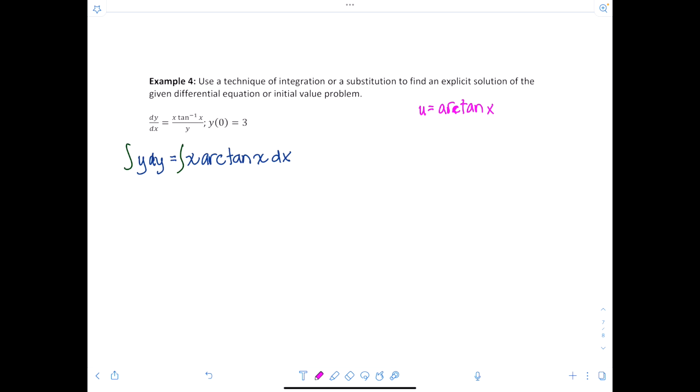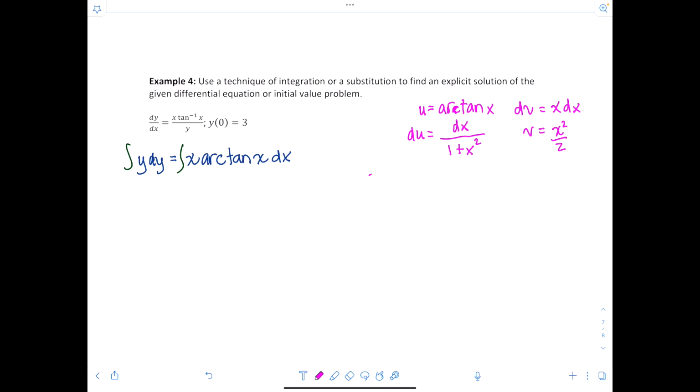And so it has to be the u. So our du will be dx over 1 plus x squared. dv will be, all that's left is our x dx. And so integrating both sides, we get v is x squared over 2.